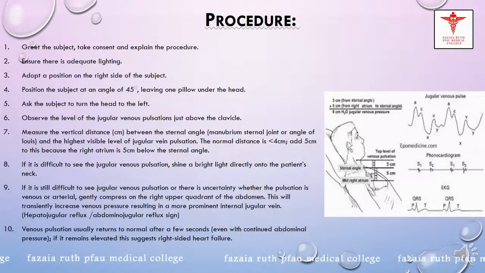Now observe the level of the jugular venous pulsation just above the clavicle on the right side. Measure the vertical distance between the sternal angle and the highest visible point of the pulsation on the neck, the most cardinal point, all right?